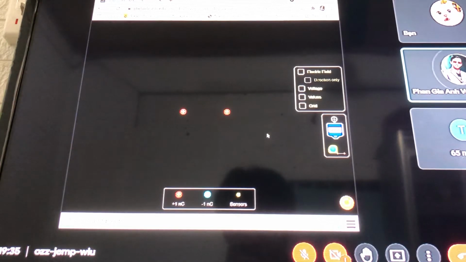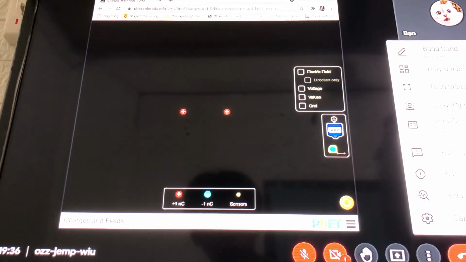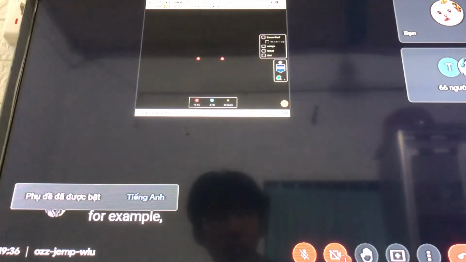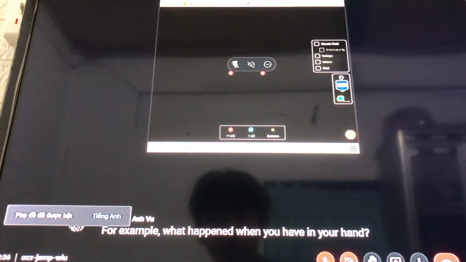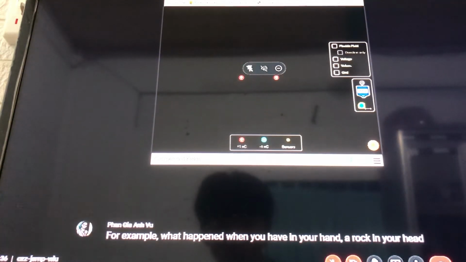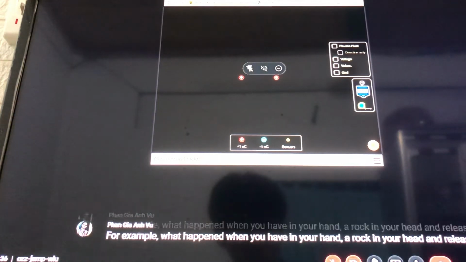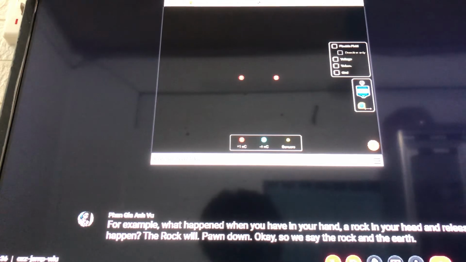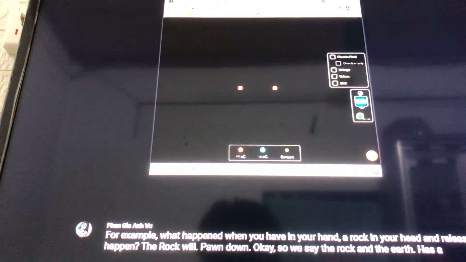In this case, this is similar to a spring or to gravity. For example, what happens when you hold a rock in your hand and release it? The rock will fall down. So we say the rock and the earth have a so-called potential energy.